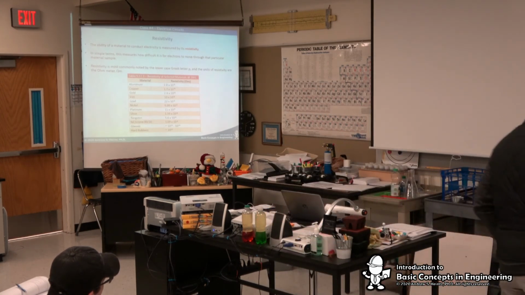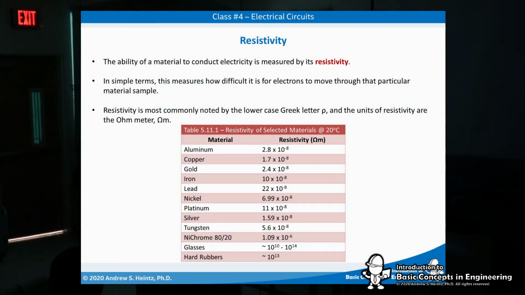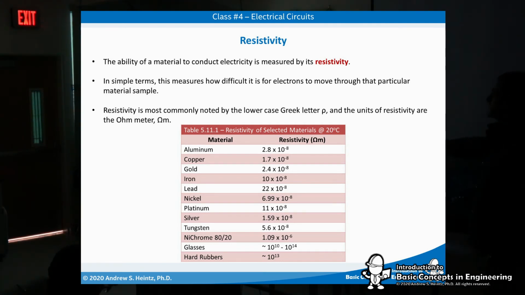So if we go, and let me shut off the lights just so you can read the table a little easier. All right. Resistivity is what we use to measure the ability to conduct electricity, and this is really just how difficult it is for the electrons to move through a particular sample. Aluminum and copper down here have times 10 to the negative 8.